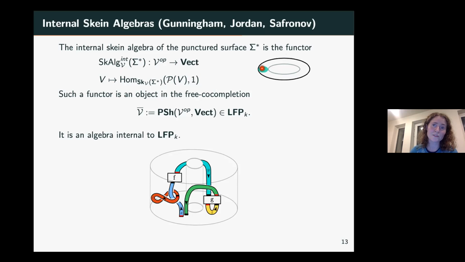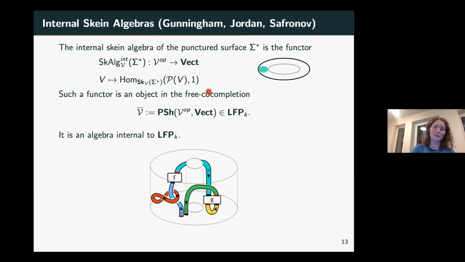Then we consider the vector space, which is just the homs from this V marked point to nothing. In this particular case, this V is the tensor product of X and, labeled by the green one, W dual. So this would be an example of something in the Skein algebra at X, when you apply X tensor W dual.